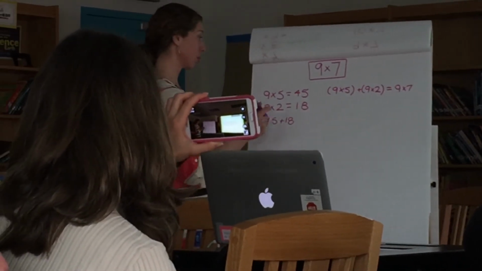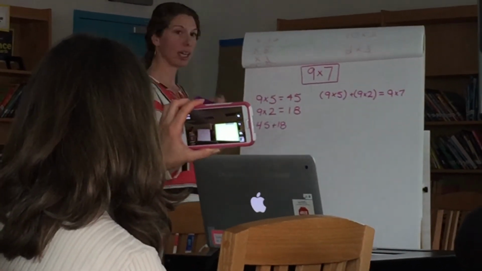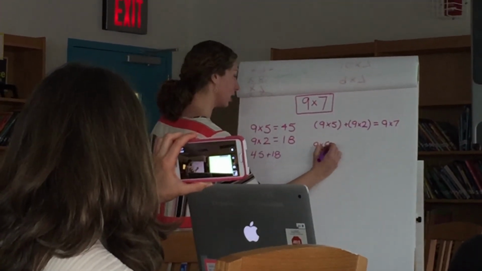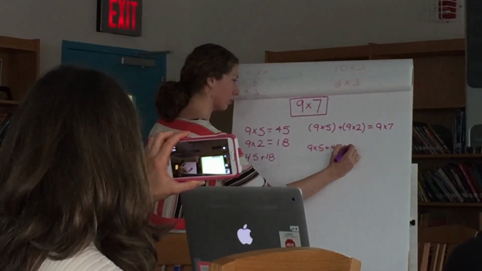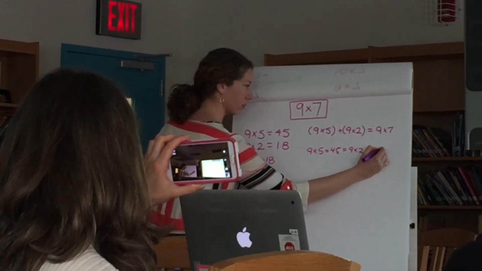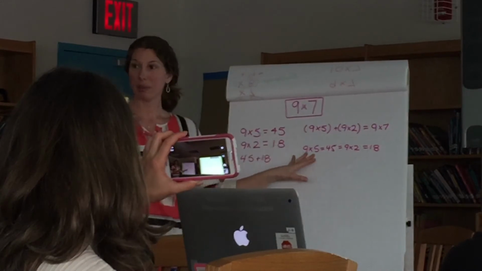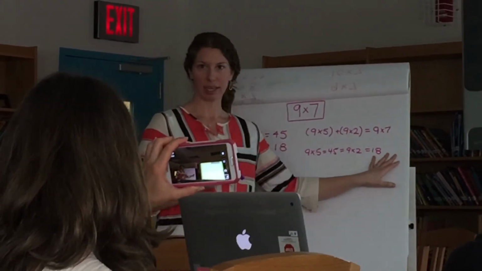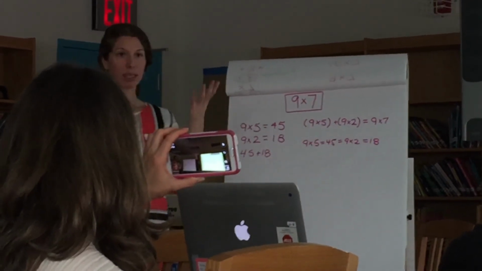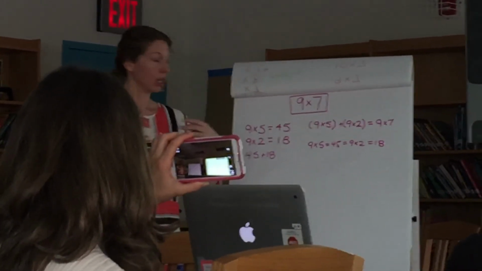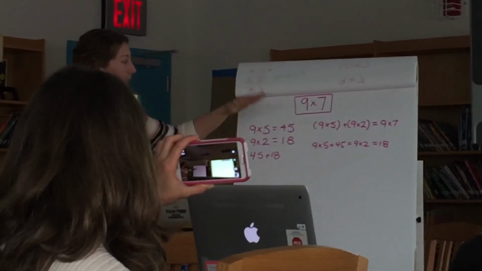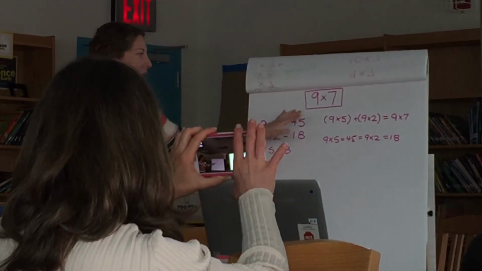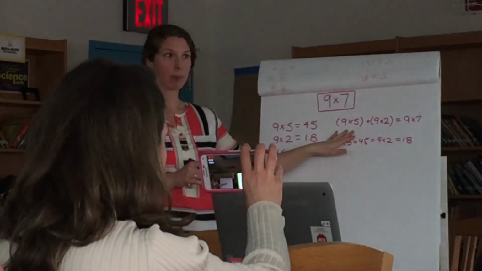Because a lot of times, when we're talking about the meaning of the equal sign, kids will do this. It's kind of like a run-on math sentence. It's all of the steps in my mathematical thinking, but not thinking about the equal sign as equivalence. So really being very clear: this is my first step, this is my second step, this is my third step, and this is how I can think about showing that property.